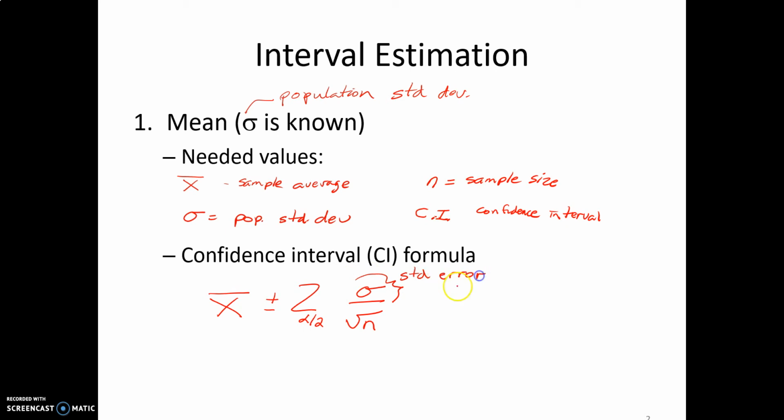We learned about that in Chapter 6. The standard error is the population standard deviation over the square root of the sample size. This last part here is referred to as the margin of error. Some other textbooks may just refer to that as the error, or sampling error.